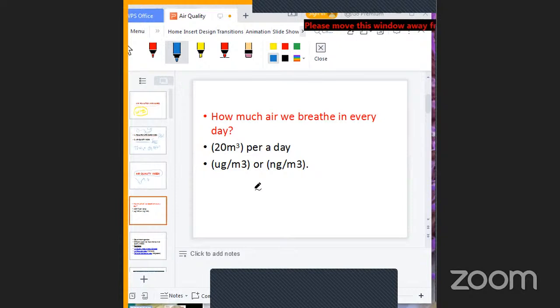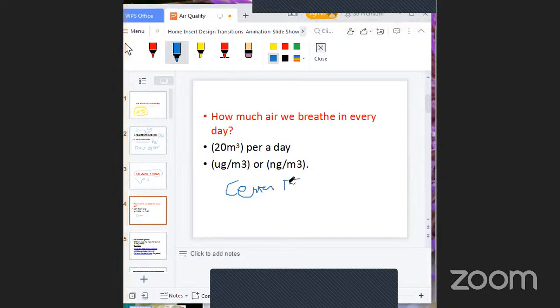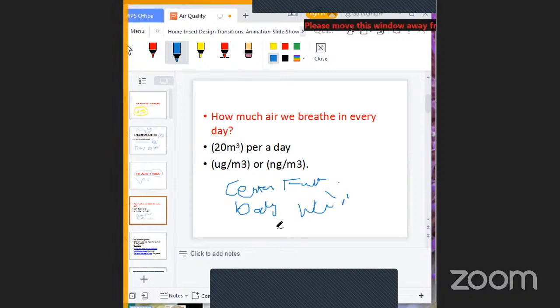Certain factors, body weight, and age, and things like that, right?